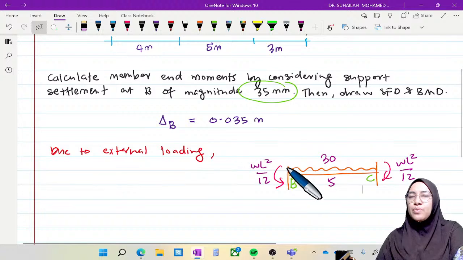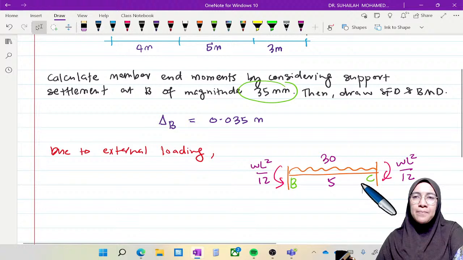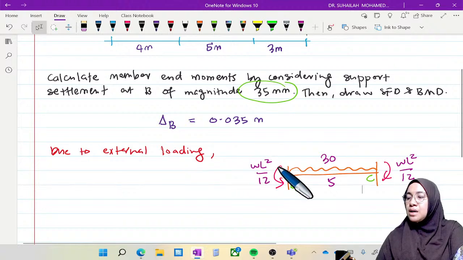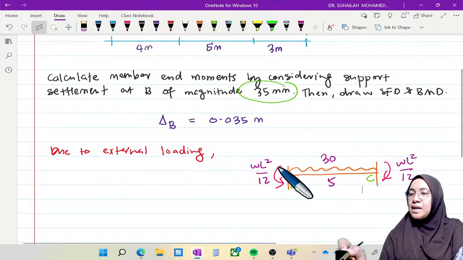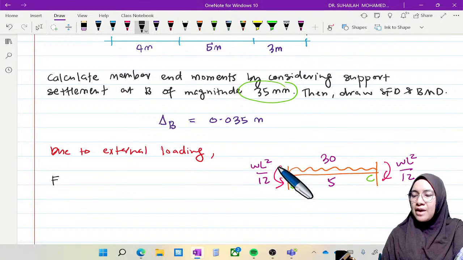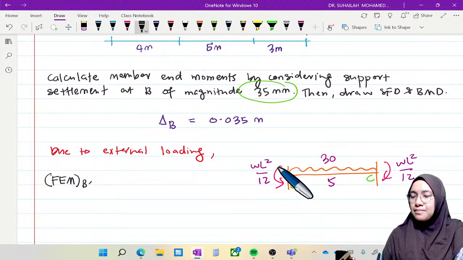This is the FEM formula considering external loading, so we have to calculate the value. FEM BC.